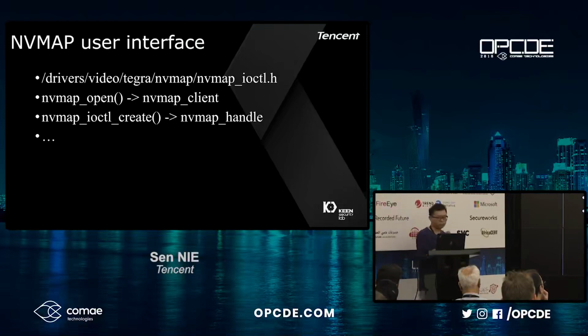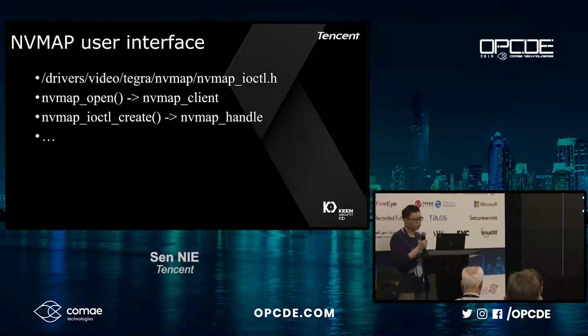As a programmer, not as a hacker, how can we use the nvmap user interface? I think you should learn all the structures in the code base. For example, you can find those structures in the nvmap IO control header file. For example, nvmap open.